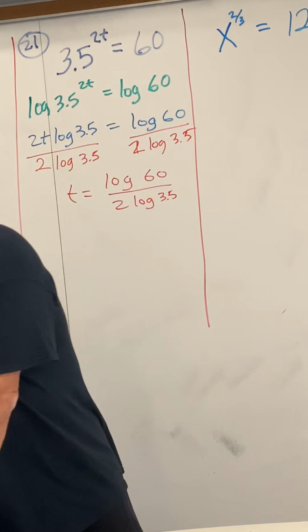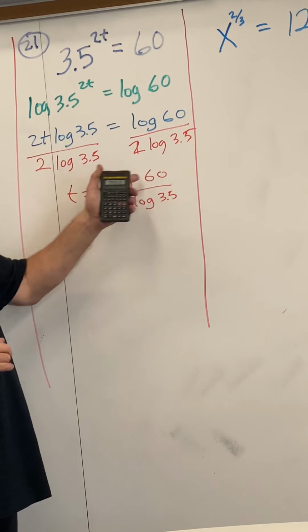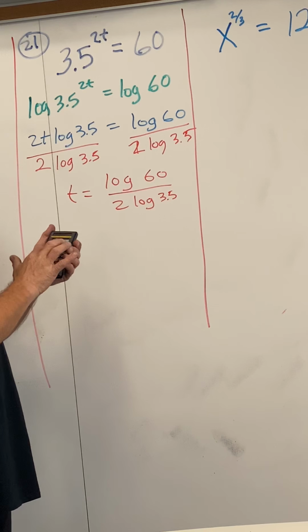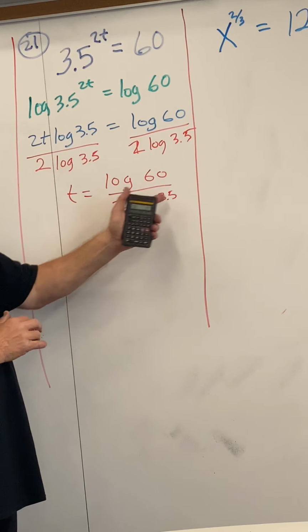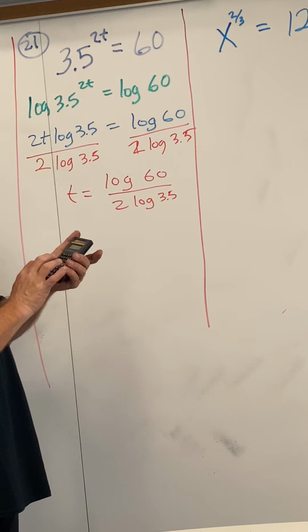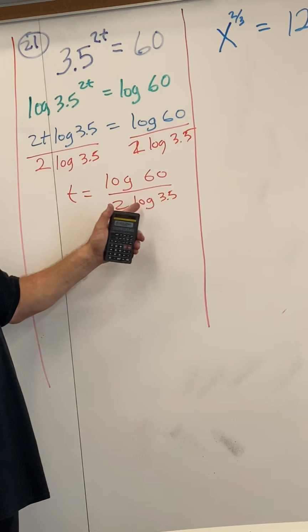So here we go. I'm going to do log 60, so I hit 60 log, right? It gets 1.77815 and so on. Divided by, now I'm going to hit parenthesis, because I'm dividing by a quantity, 2 times, and then 3.5 log. Now when I hit 3.5 log, it's showing this.